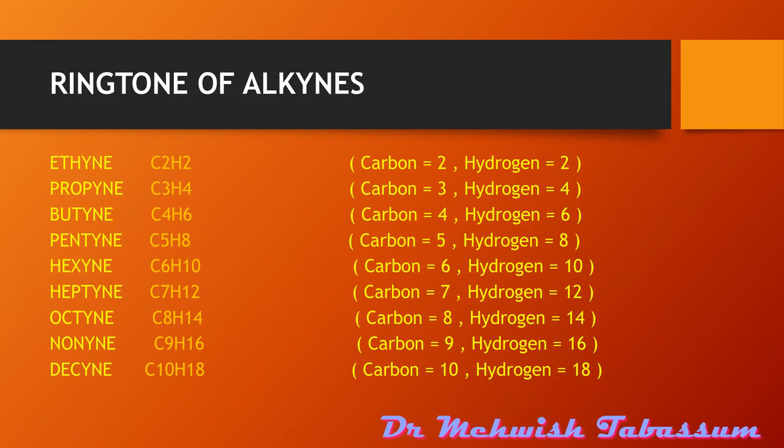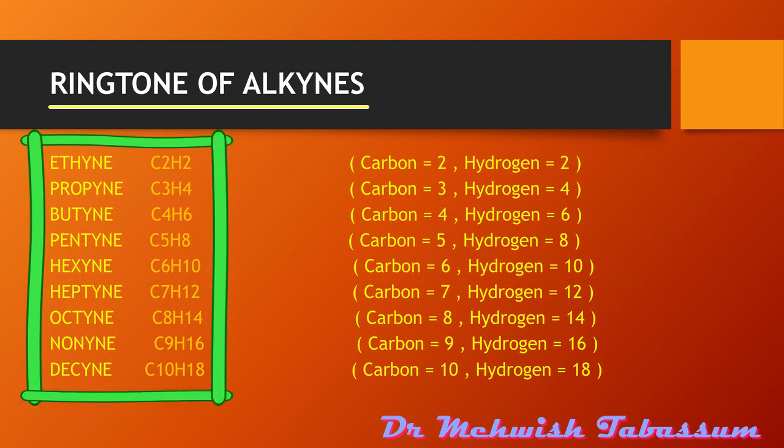And another very funny ringtone, that is the ringtone of alkynes. You just have to twist your tongue to speak alkynes. Ethane, propane, butane, pentane, hexane, heptane, octane, nonane, decane.